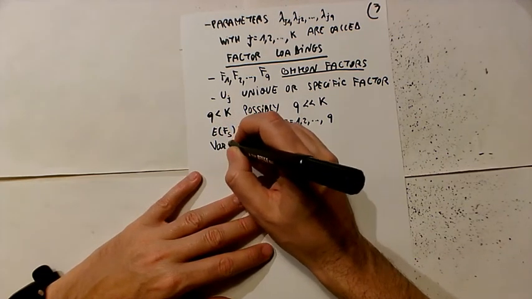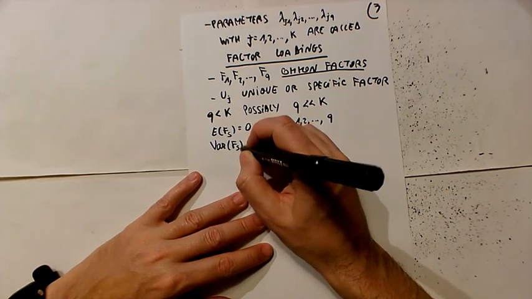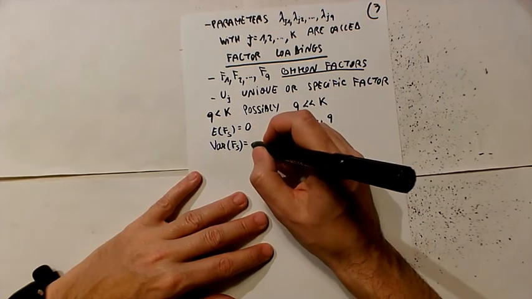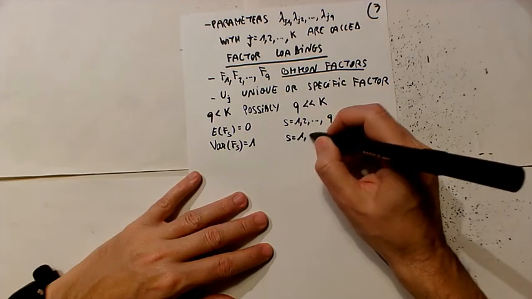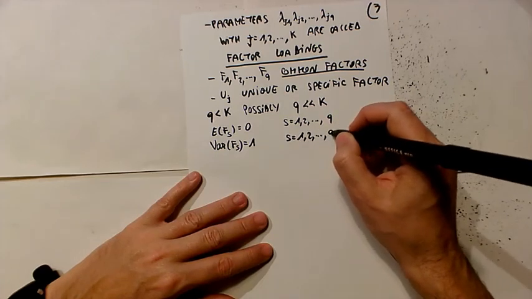The variance of each factor, the variance of fs, must be equal to 1, so s equal to 1 up to q.